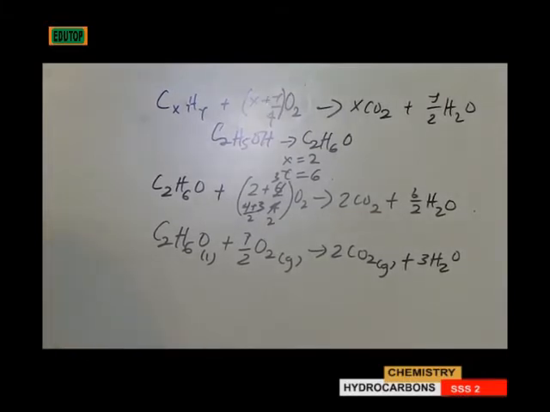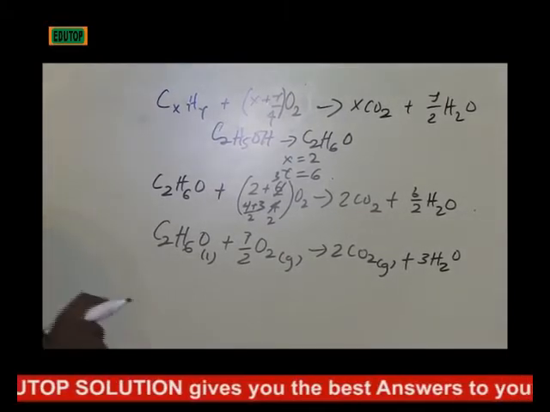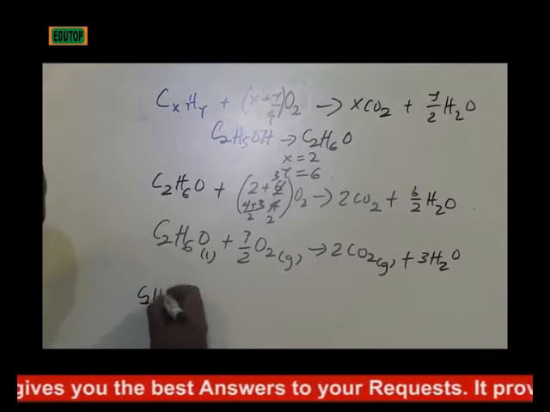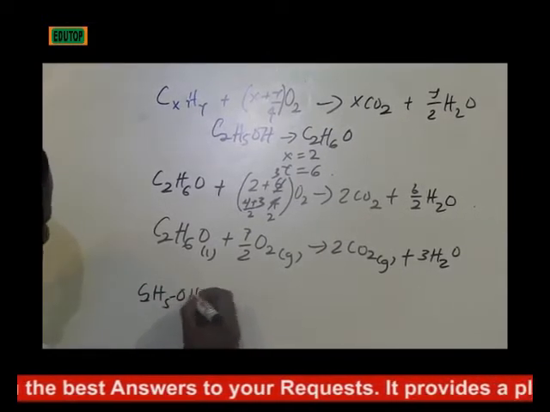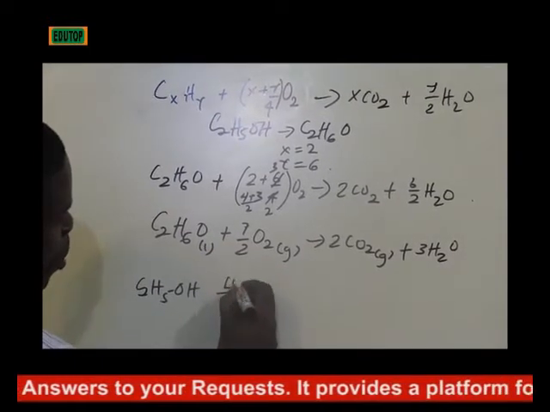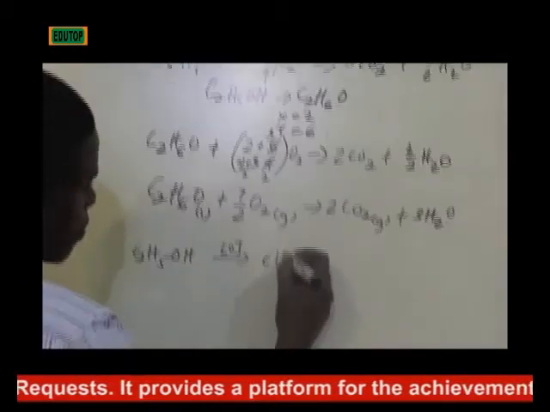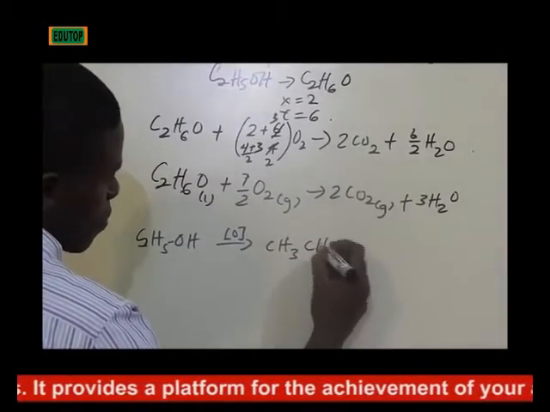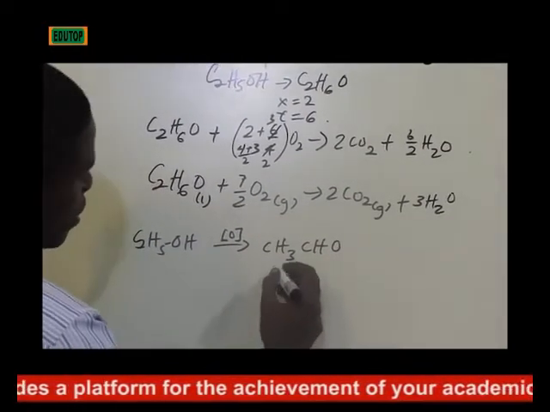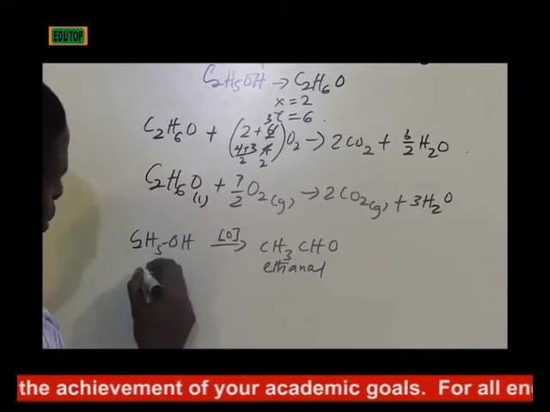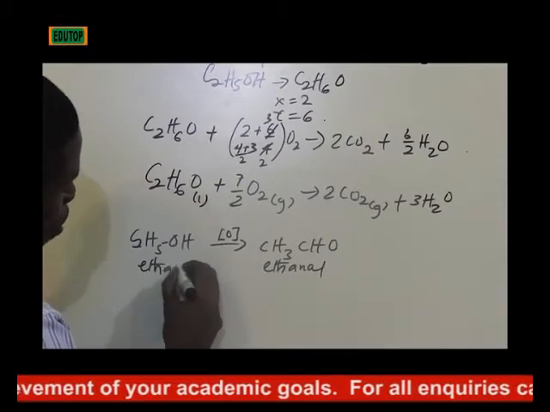Number 2, it undergoes complete oxidation to give alkanoic acid. Ethanol, under partial oxidation, gives ethanal.